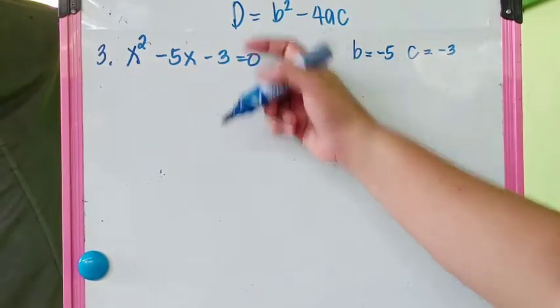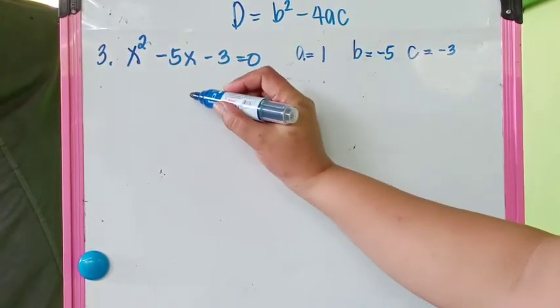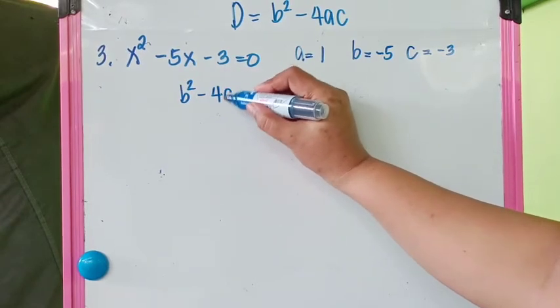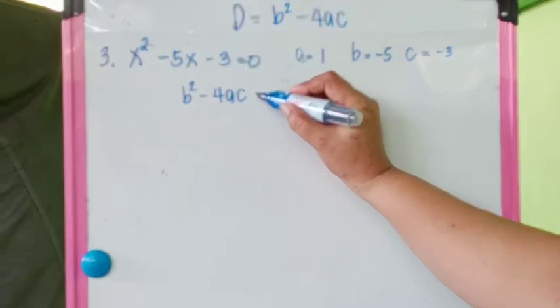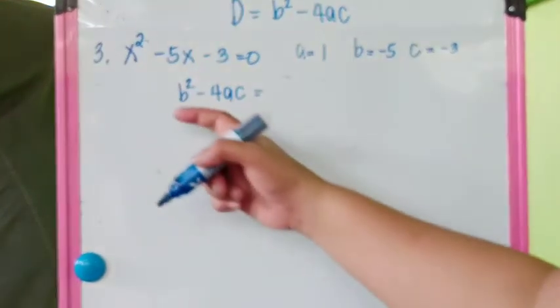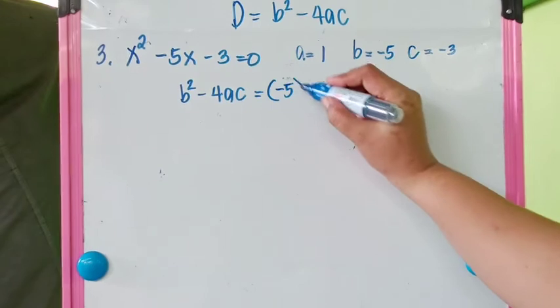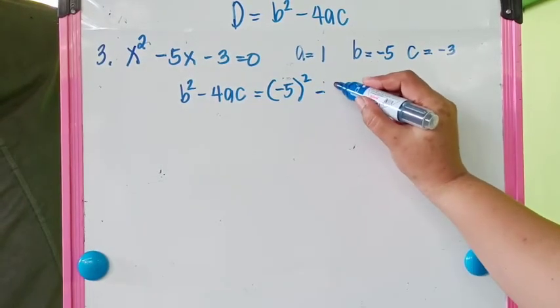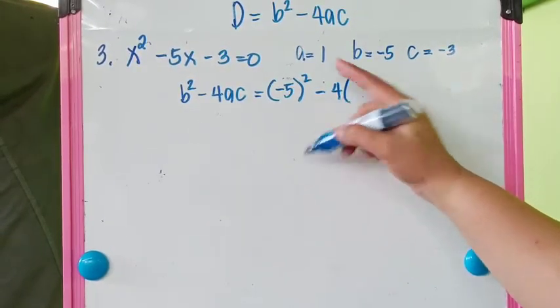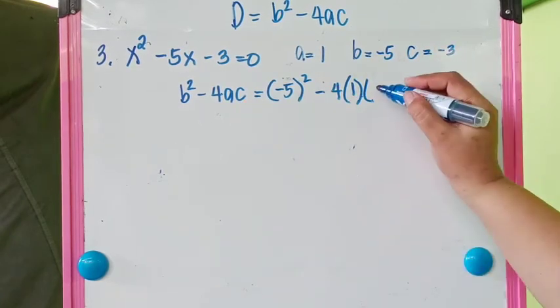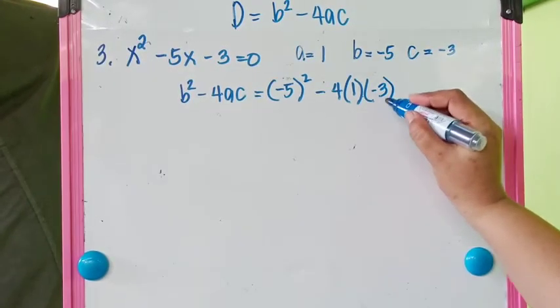So again, we have the discriminant b squared minus 4ac, and this is equal to b squared, which is negative 5 squared, minus 4 times a, which is 1, times c, which is negative 3.